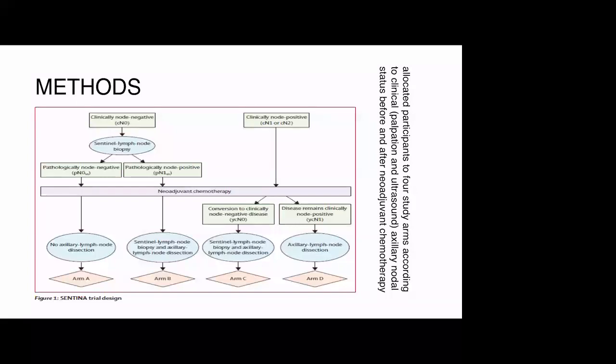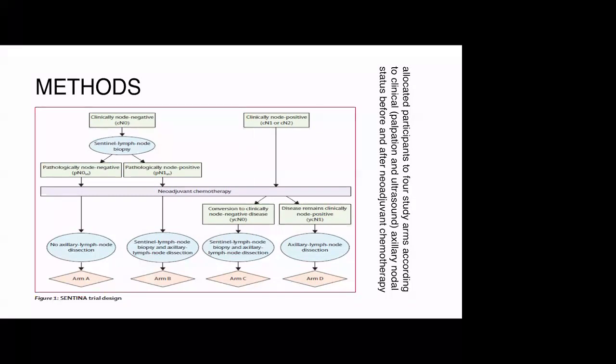Randomization. So in a clinically node N0 neck, you're doing a sentinel node biopsy. In patients who come with no node disease, you give neoadjuvant chemotherapy and do not address the axilla later, because you've done a sentinel node biopsy and found the axilla to be negative. The next scenario is, after doing an SLNB, you find an axillary node.